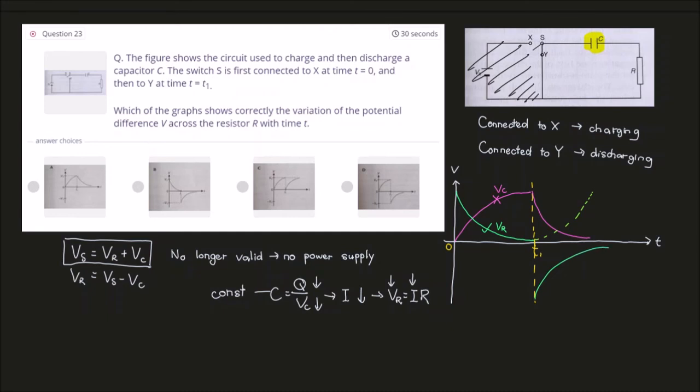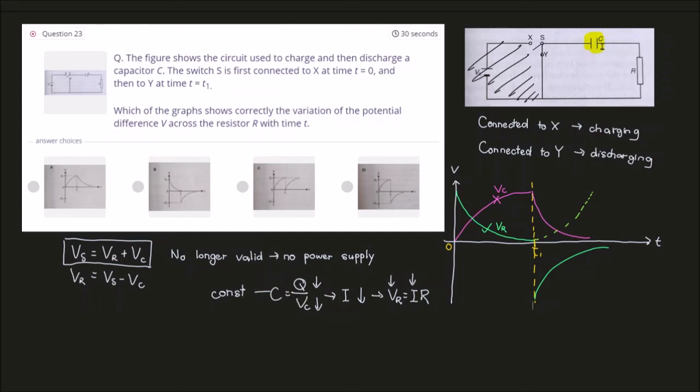Why should we draw it the other way? If you notice just now, the positive charge will be moving this way towards the positive plate. So the positive charge will actually move downwards across the resistor. But now, once we enter the discharge process, you see that positive charge is moving from this left hand side of the plate, through the loop, to the right hand side of the plate.